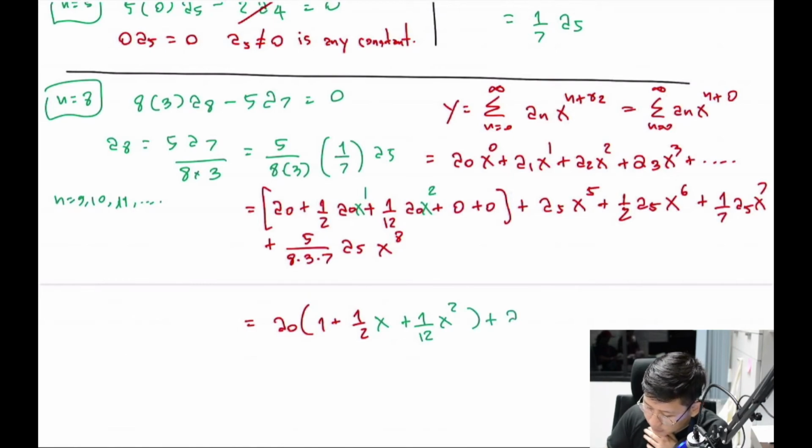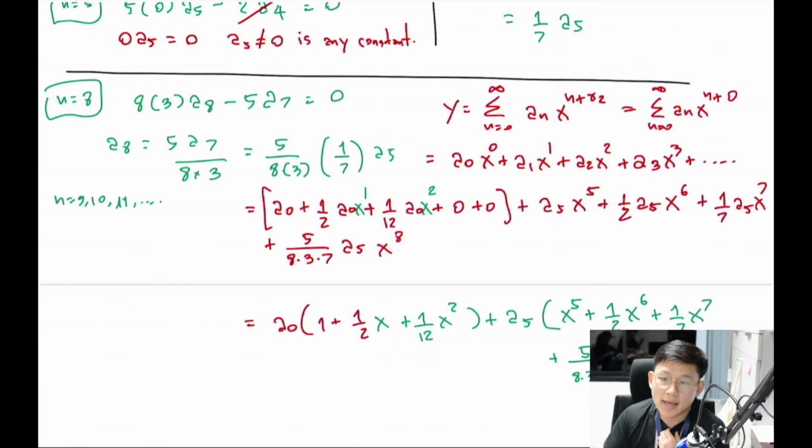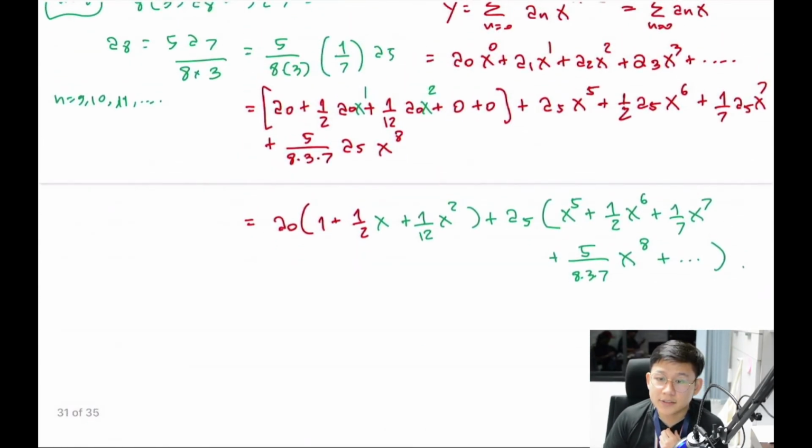And then plus a5, and that would be x to the 5 plus 1/2 x to the 6 plus 1/7 x to the 7 plus 5 8 3 7 x to the 8 plus and so on, and that is the solution.